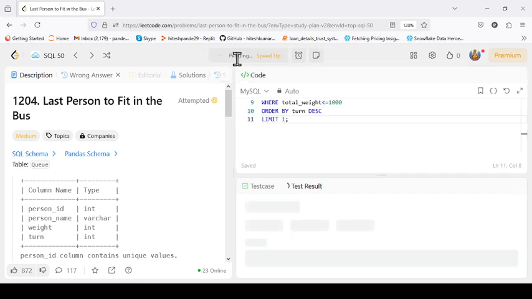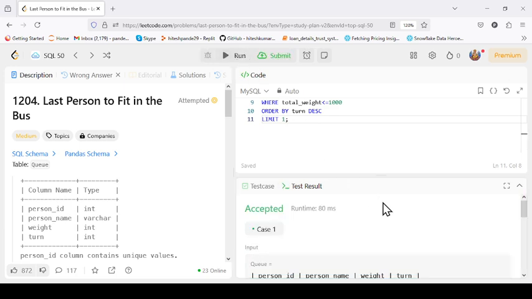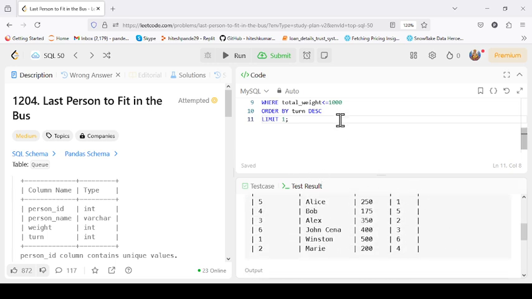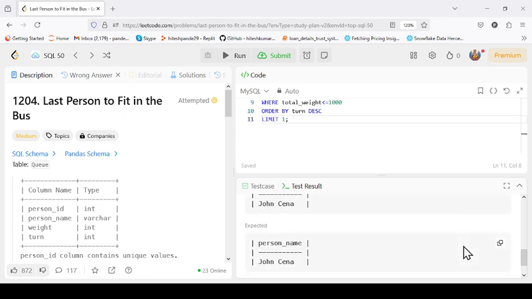Okay, so now it will be accepted, and it will give 3 rows. Okay, and we have to sort the rows in descending order, but we want only the last person, the one who, when adding their weight to the total sum, makes the total weight 1000. So for that we used the LIMIT clause, which is followed by a number, and it shows how many rows out of the records you want.